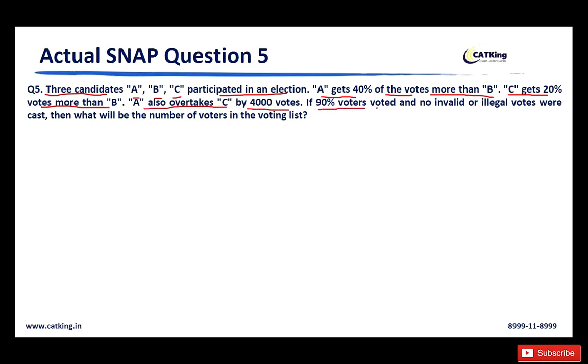So if 90% voters voted and no invalid or illegal votes were cast, then what will be the number of voters in the voting list? Let us have a look at the options. Option A 72,000, option B 80,000, option C 70,000, and the last option is 78,500.